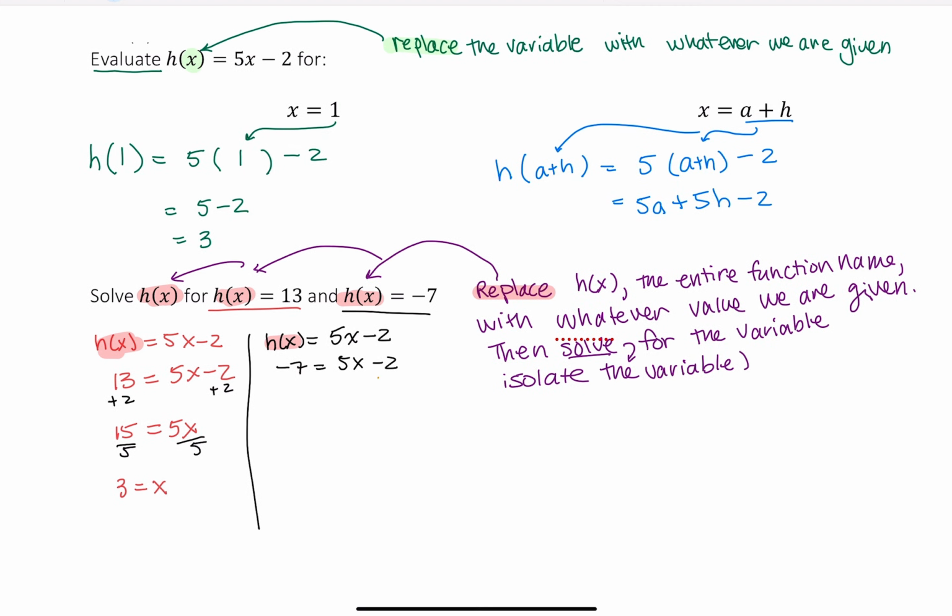Then we go ahead and add 2 to both sides. We're just undoing what has been done to get negative 5 equals 5x. And you can divide both sides by 5, or you can do this visually, but I see that in order to make this equation true, x has to equal negative 1. So negative 1 equals x. And in case you need to see it, we just divided both sides by 5.